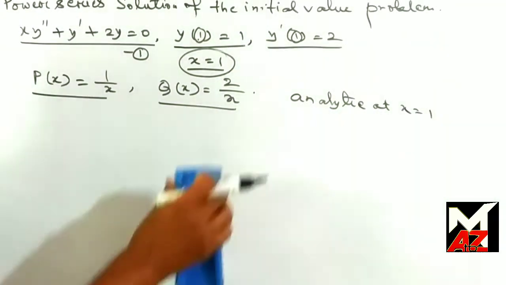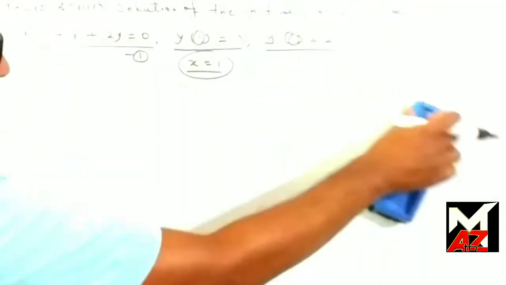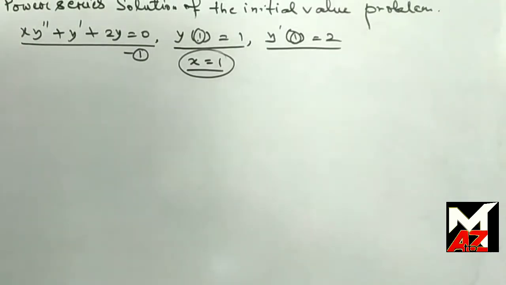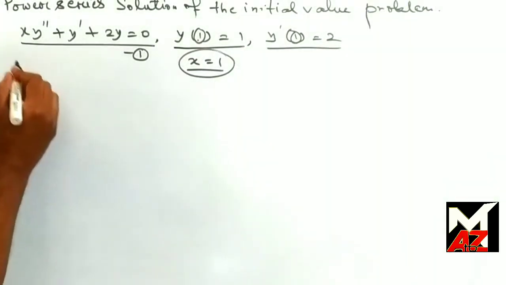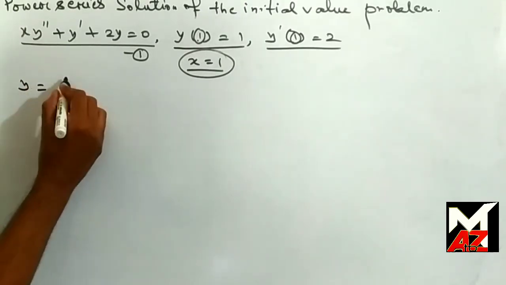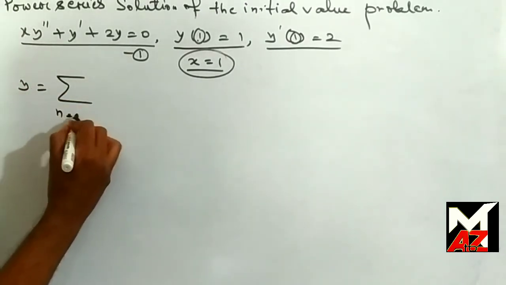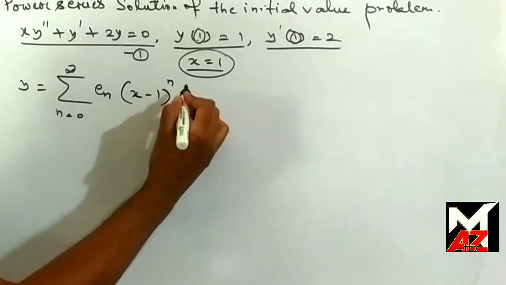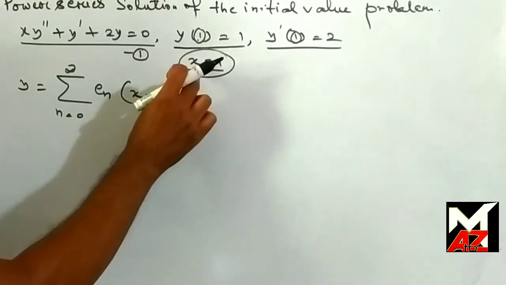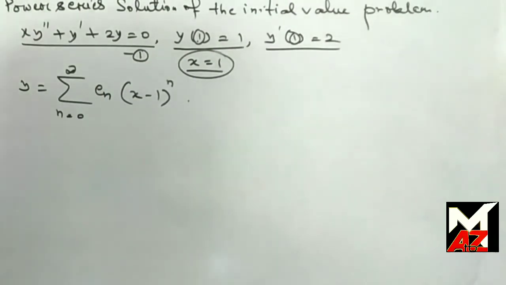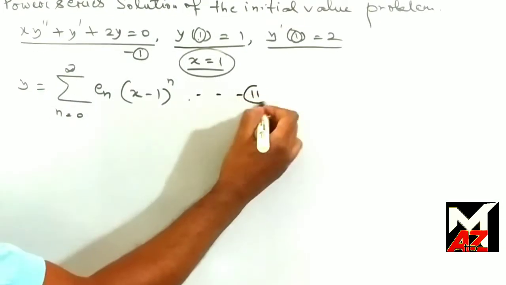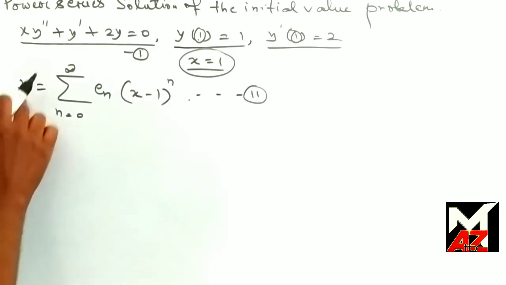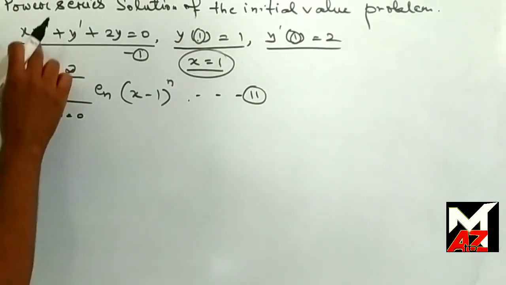So x equal to 1 is an ordinary point of the differential equation 1. So we can take the solution of 1 as y equal to summation n equal to 0 to infinity c_n (x minus 1) whole to the power n, because this solution is taken near x equal to 1. This is the assumed solution and this is 2. Now we differentiate this to get y dash, and double differentiate this to get y double dash.